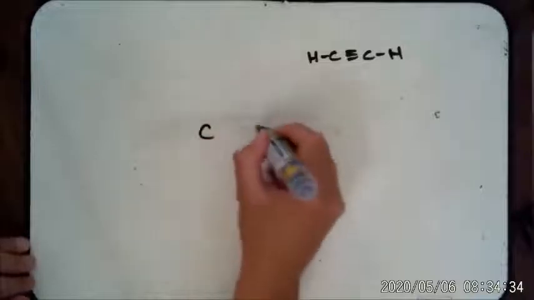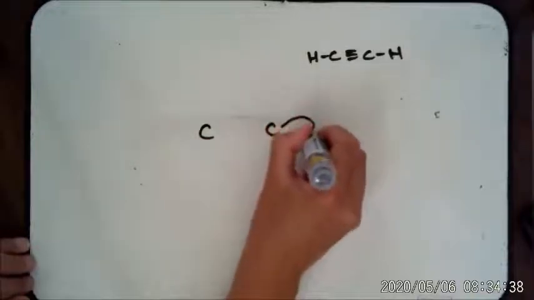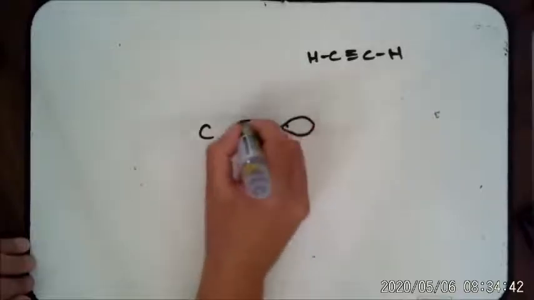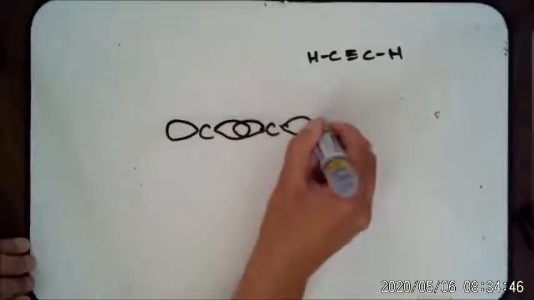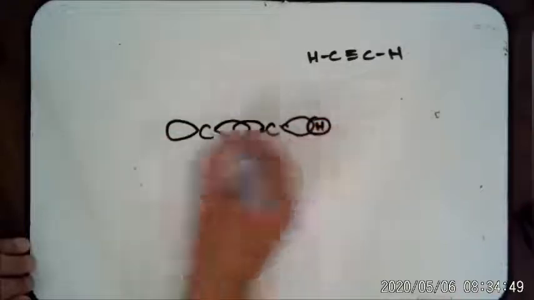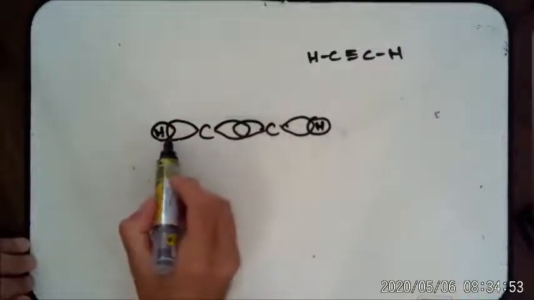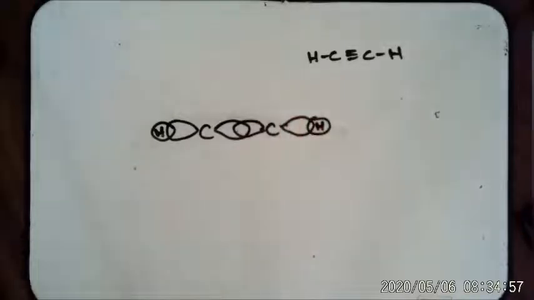This is getting blurry, so let me make it a little bigger. That's an sp bond, sp bond, sp bond. And there are my hydrogens. sp-sp sigma, sp-s sigma. But what about my pi bonds?